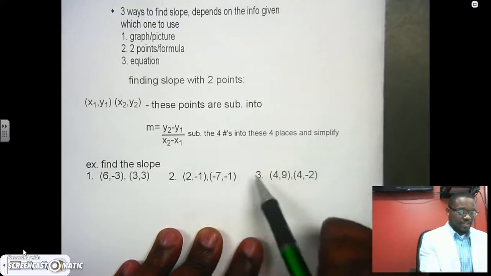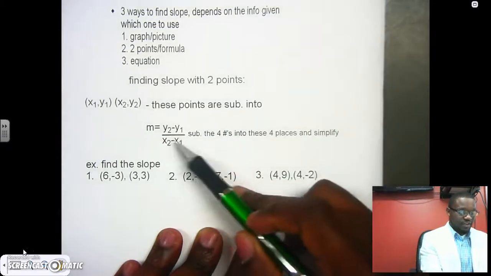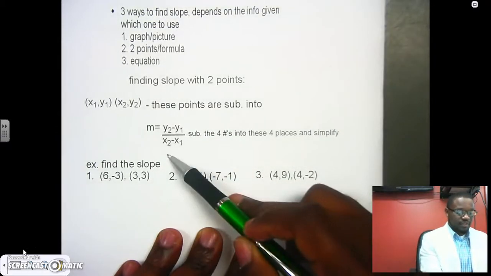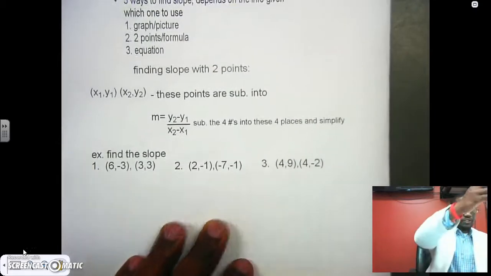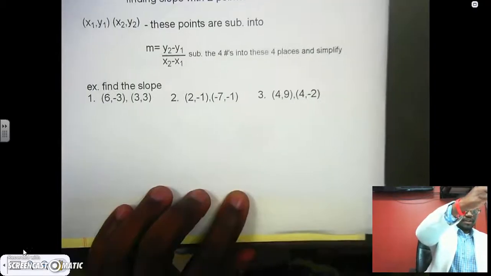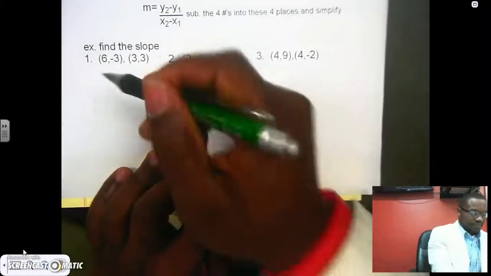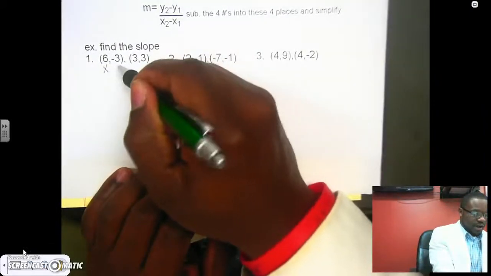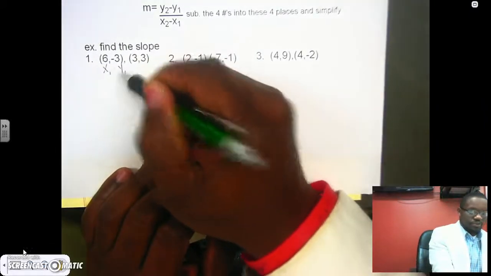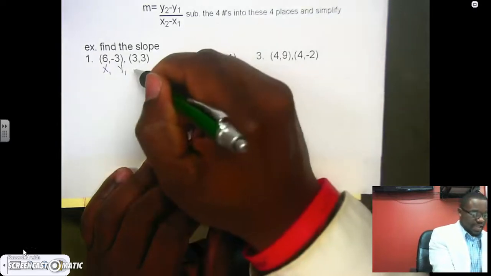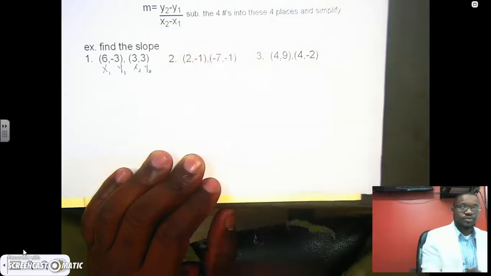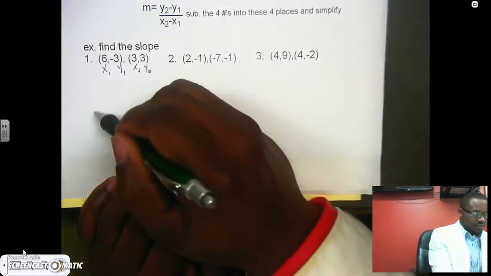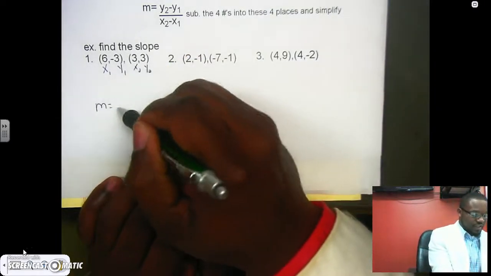What you're going to do is substitute in for each one of these variables the numbers where they belong. So for example, something I like to do with my students is this. I like to tell them that this is the x and the y in the first point. That's where the little ones are. This is the x and the y in the second point. That's what the little 2s are. And if you're confused, I tell them to draw this out.